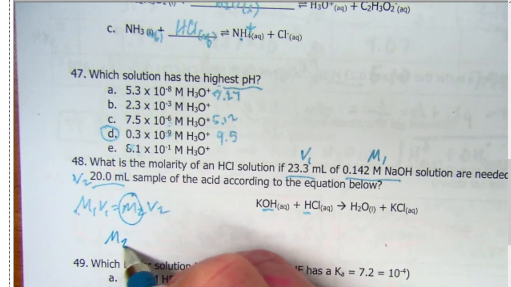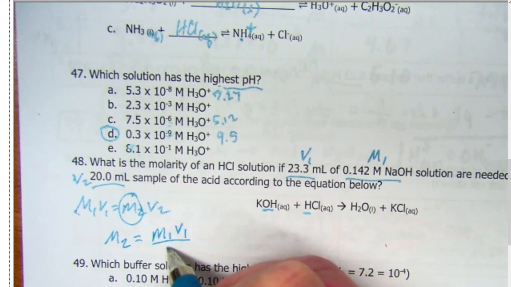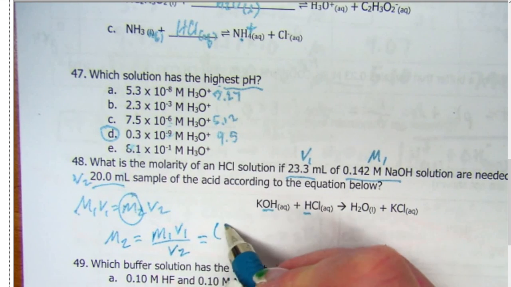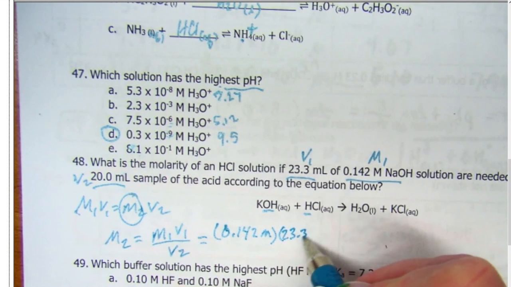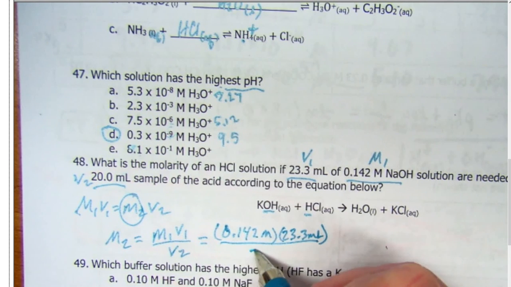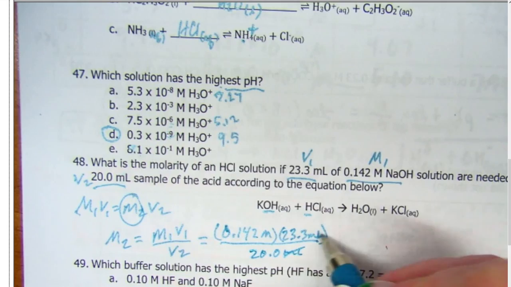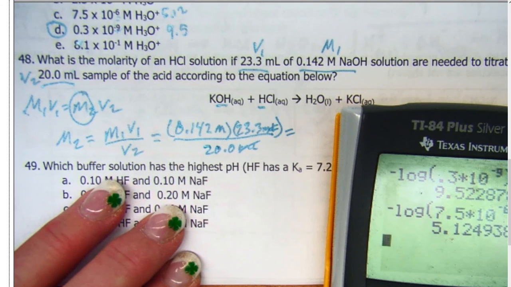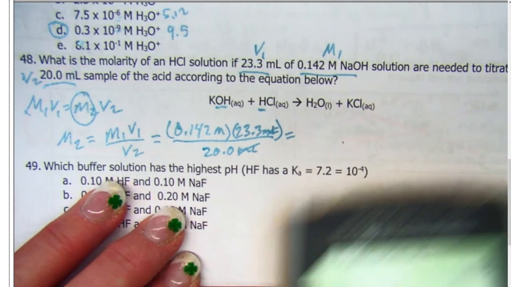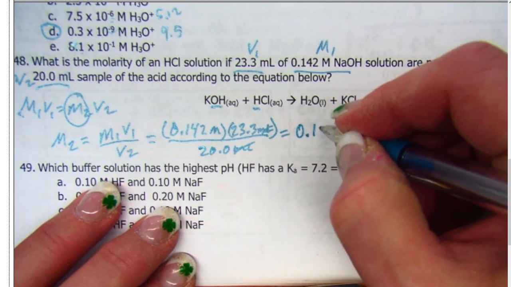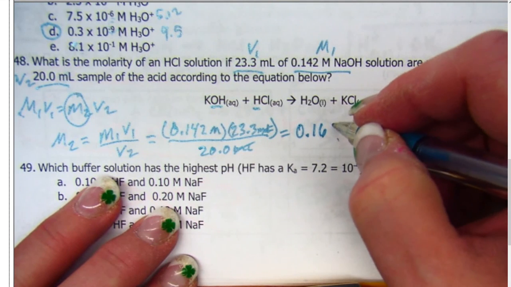So rearranging the equation, M2 is equal to M1V1 divided by V2, plugging in 0.142 molar times 23.3 milliliters divided by 20.0 milliliters. Milliliters cancel, and plugging in my calculator, 0.142 times 23.3 divided by 20, I get 0.1654.